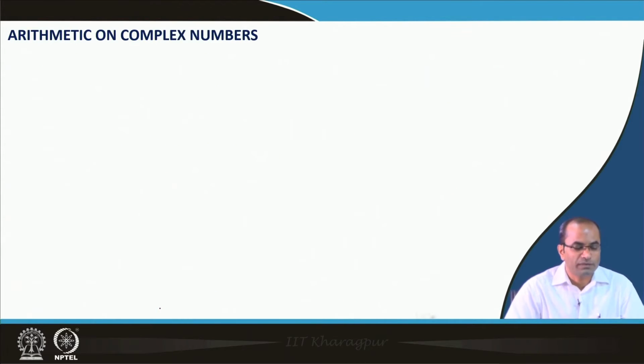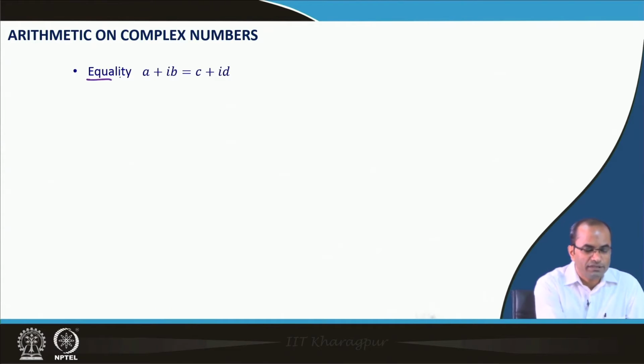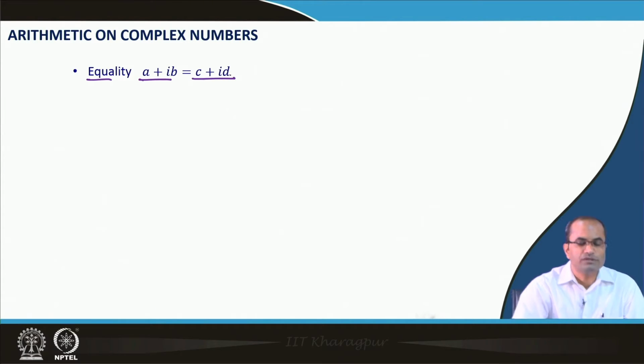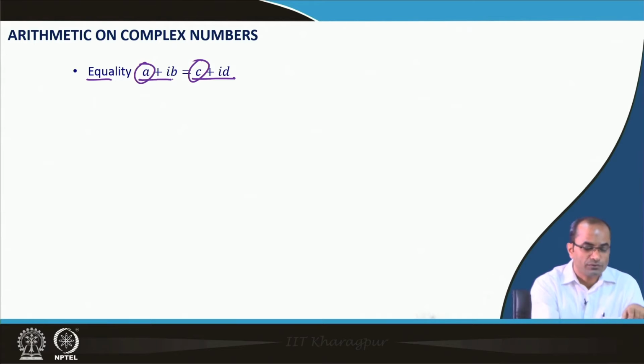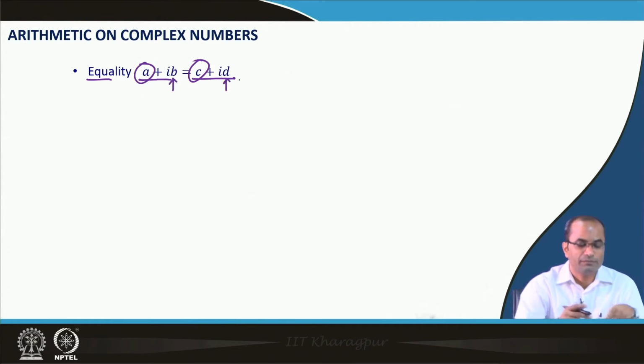Well, now some arithmetic on complex numbers to get familiar again, or just to recall some of the properties. Equality means that if a plus i b is equal to c plus i d, then this is only possible when both the real parts are equal, that is a equal to c, and also the imaginary parts are equal, that is b equal to d.